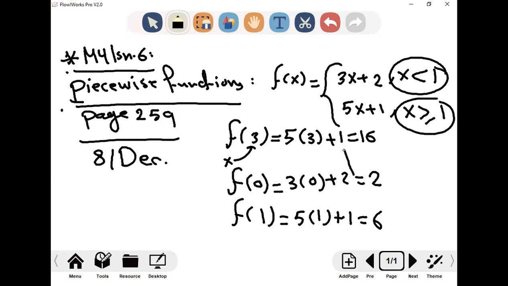Now, but let's read a few things on the first page. We are on page 259. Let's read together. Learn graphing piecewise functions. Some functions cannot be described by a single expression. I called it single formula a little bit ago, right? Some functions cannot be described by a single expression because they are defined differently depending on the interval of x.